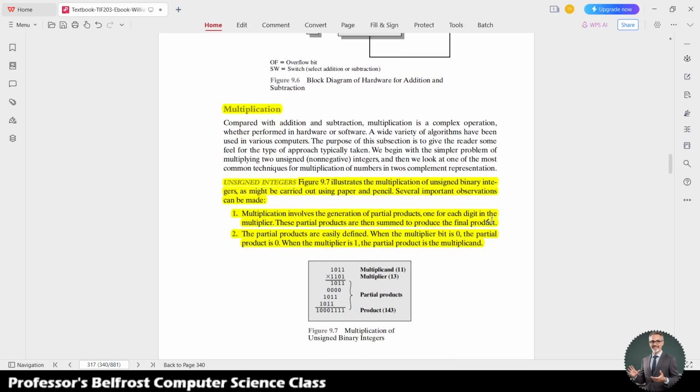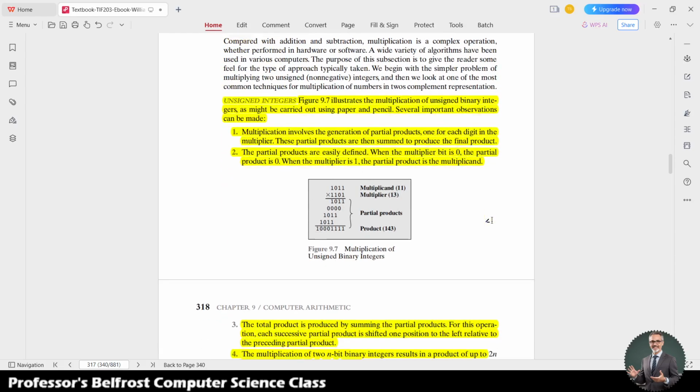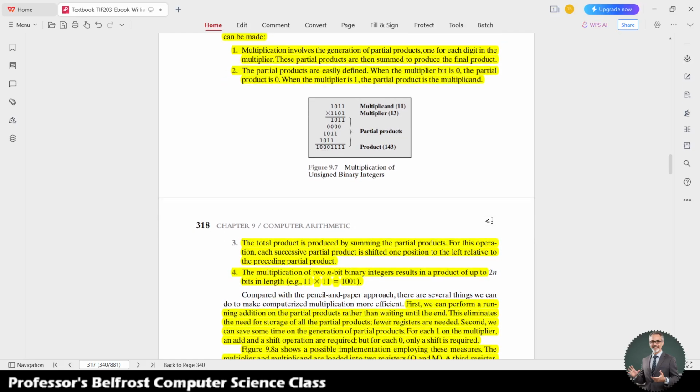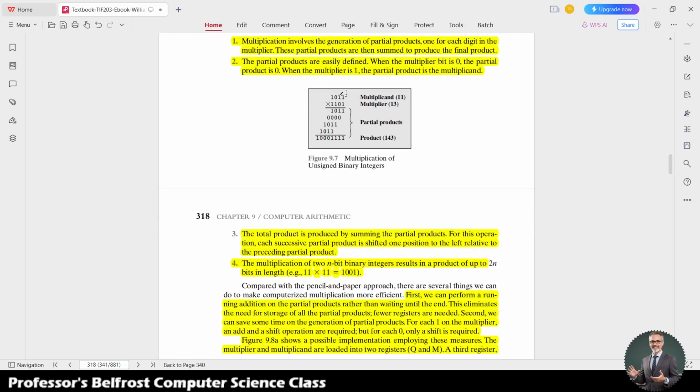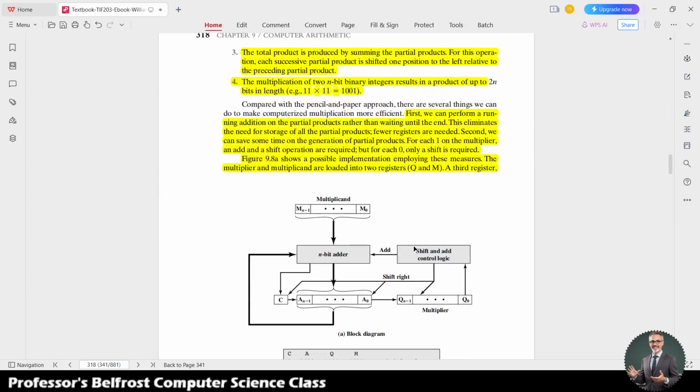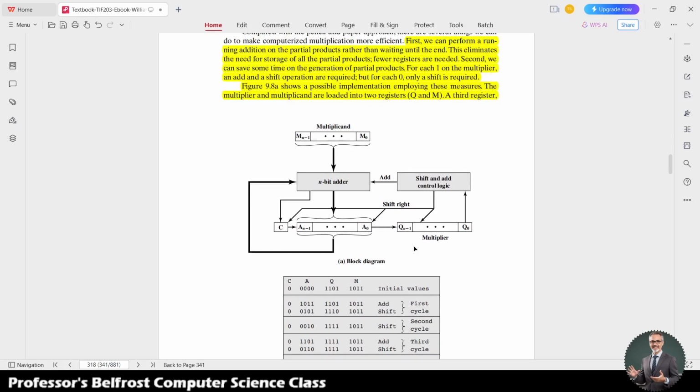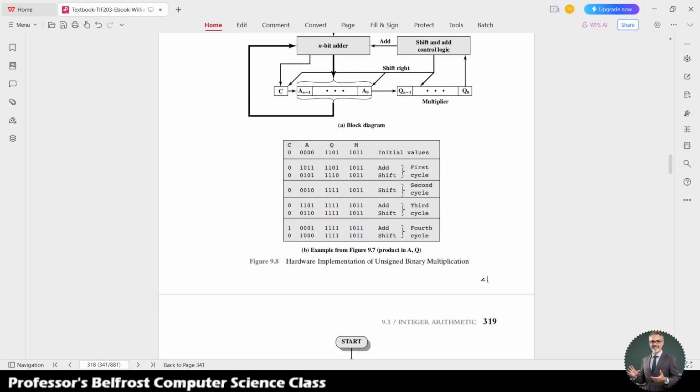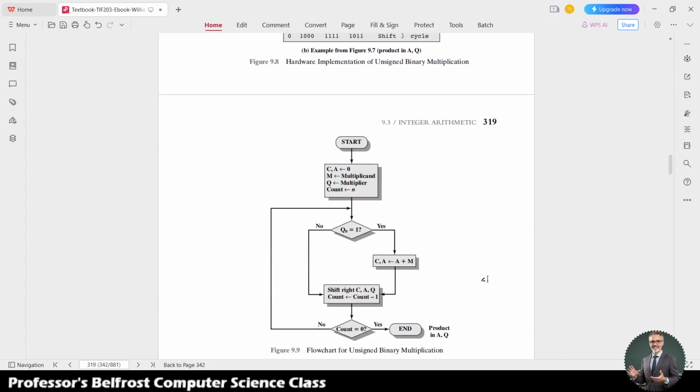Multiplication we also have done in our previous episodes, and I want you to take an example of how to do this in this book. And here's how the configuration of the multiplier works in a computer.